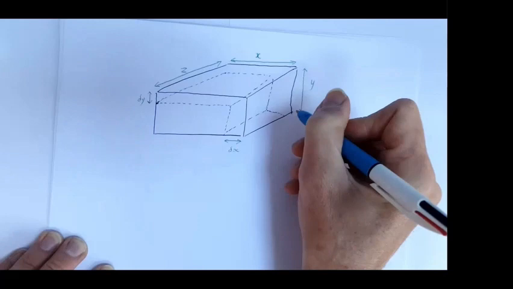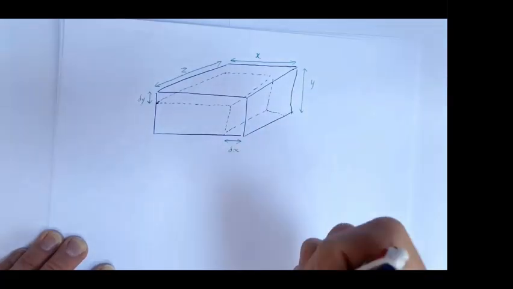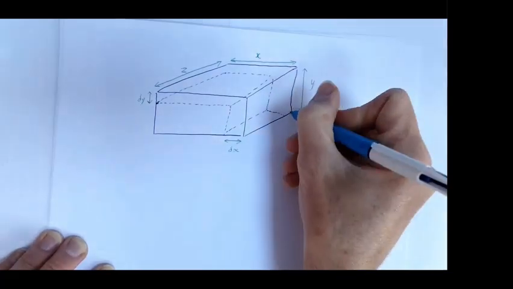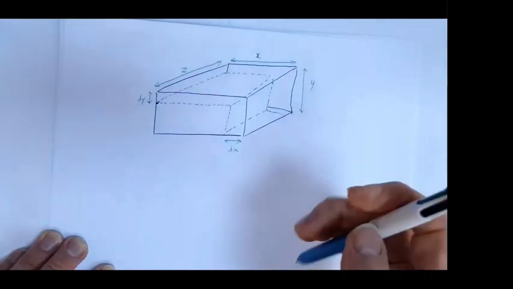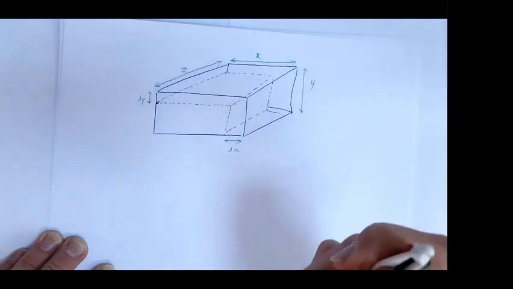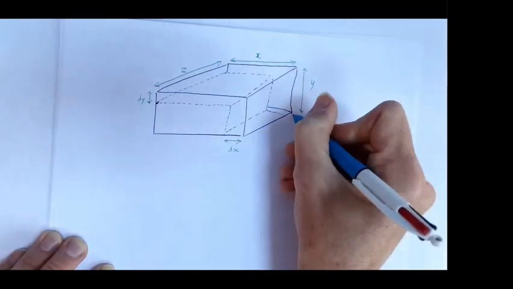And it's got smaller. So the original shape would be back here. It's got smaller by a distance, delta Z.